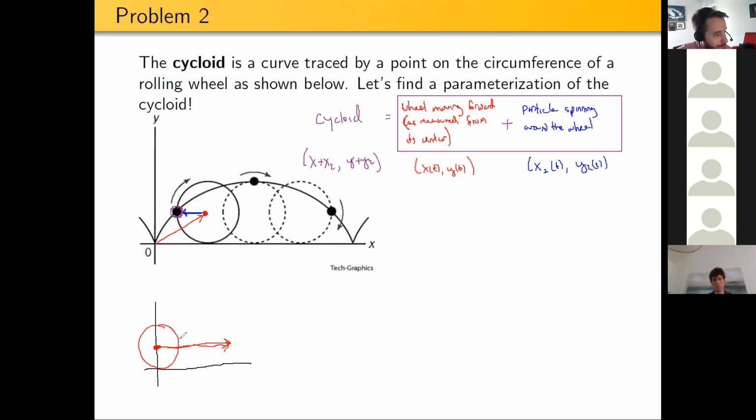So if we call this wheel a wheel of radius a, to make this a little more explicit, then the height of the wheel, that y coordinate, is going to be a, and that's not going to change.